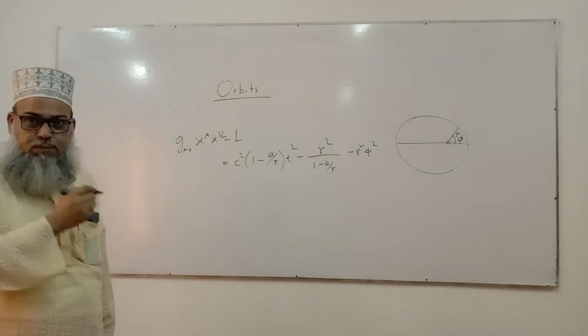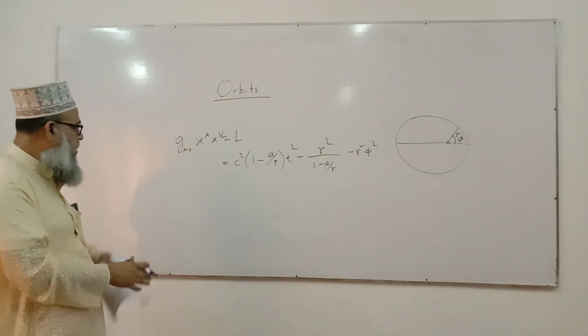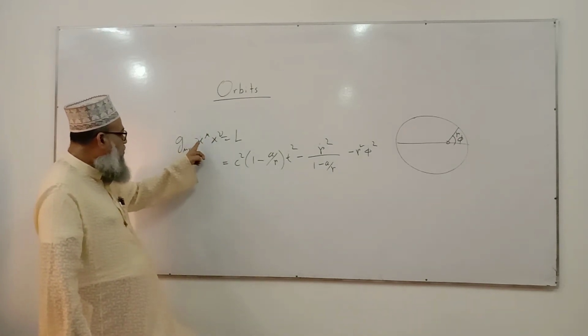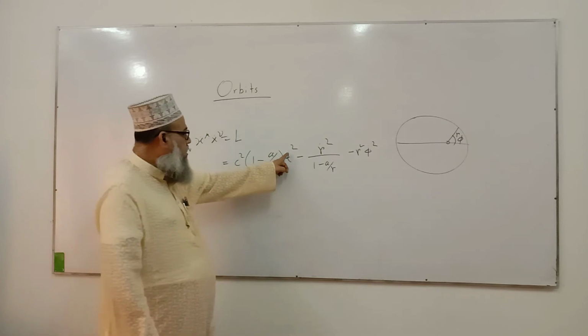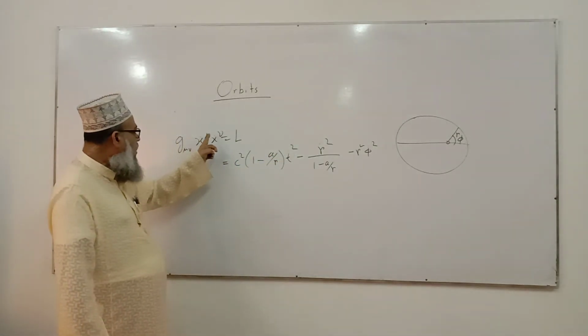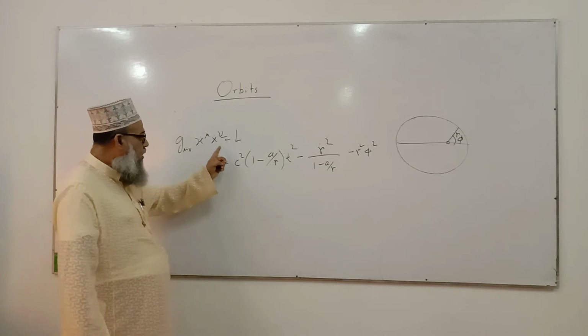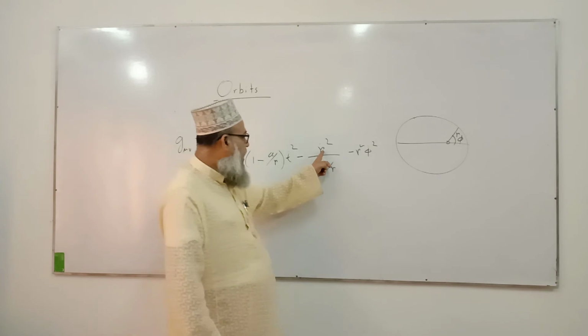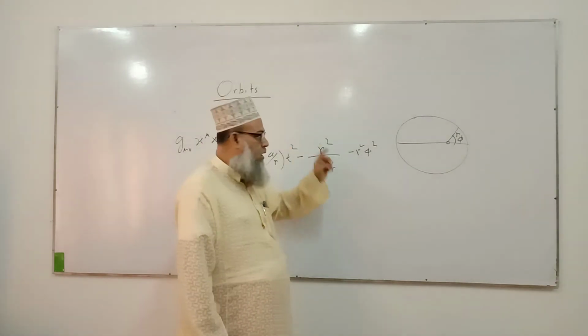We have discussed this previously also. How does this come? Whenever there is no dot, ds square, then here is t square. But whenever you have dot, that means you are dividing by tau square, so it becomes t dot square, dr square divided by tau square becomes r dot square.